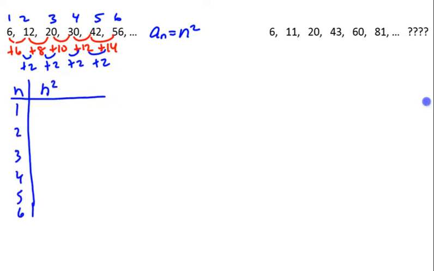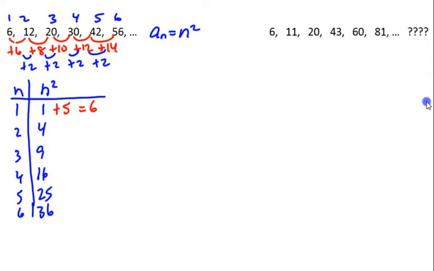So n squared would be 1, 4, 9, 16, 25, and 36. So when I look at these terms, the first 6 would be n squared plus 5. So n squared plus 5 equals 6. Oh, maybe it's just plus 5.